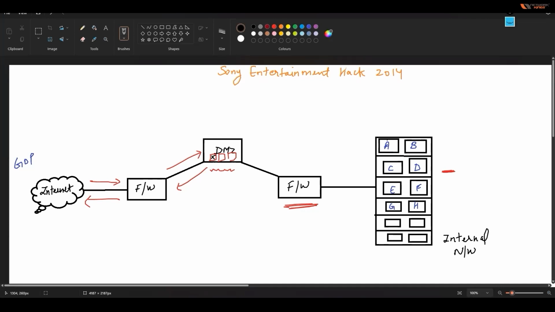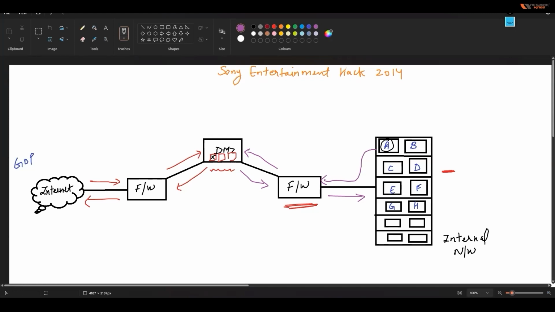If this particular person A also wants to access that server, the request will go from A through this firewall to your DMZ, then to this X server, then again through your firewall back to A. Okay. So if as an attacker I am able to get access to your DMZ traffic, someone from the internal network making any request for the resources present in the DMZ, I can get to know that.